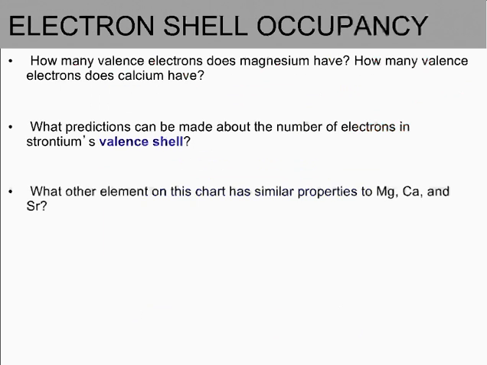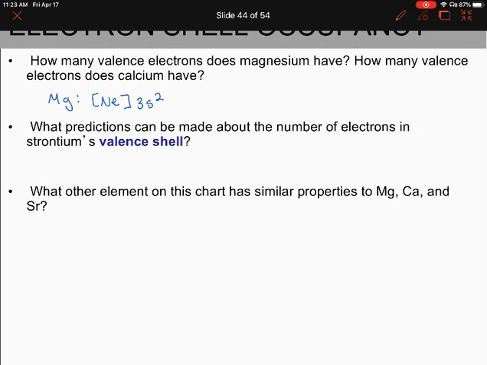How many valence electrons does calcium have? So we said that magnesium's noble gas configuration is neon 3s2. So that means that magnesium has two valence electrons.